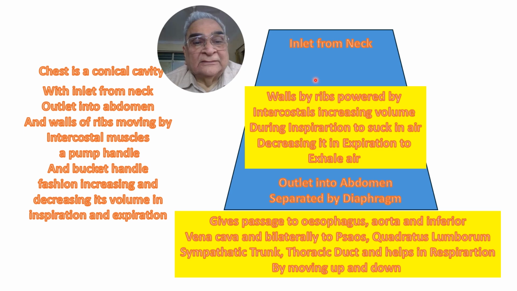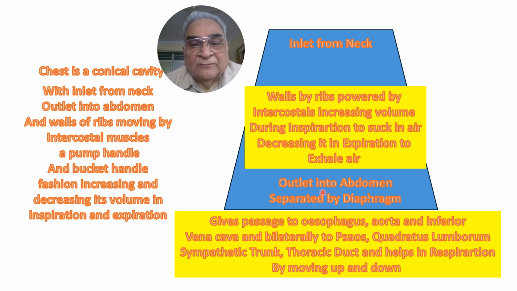And it contains the heart and its great vessels. It contains the lungs and the pleura. It contains the mediastinum, which gives passage to the esophagus, the aorta, the inferior vena cava, and bilaterally behind the diaphragm, which guards the outlet into the abdomen, you have the passage from center to periphery of the aorta, the psoas, the quadratus lumborum, the sympathetic trunk, the thoracic duct.